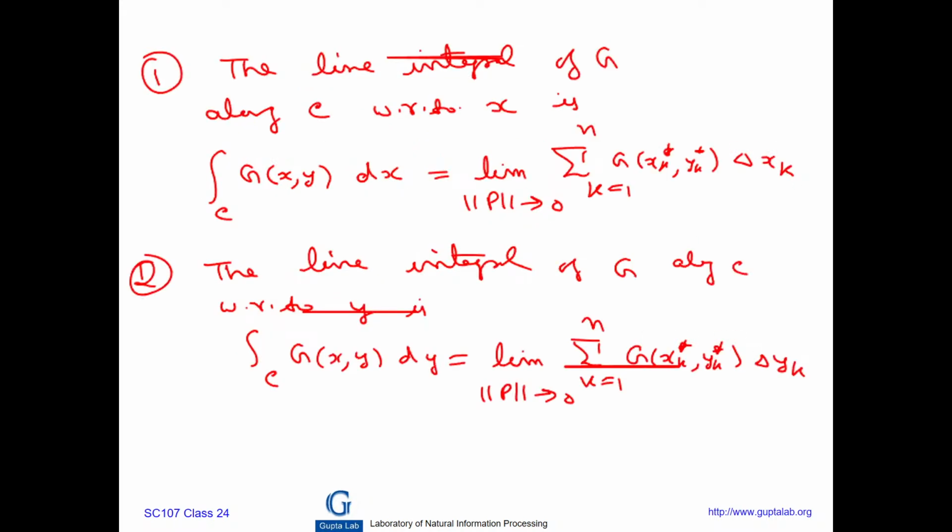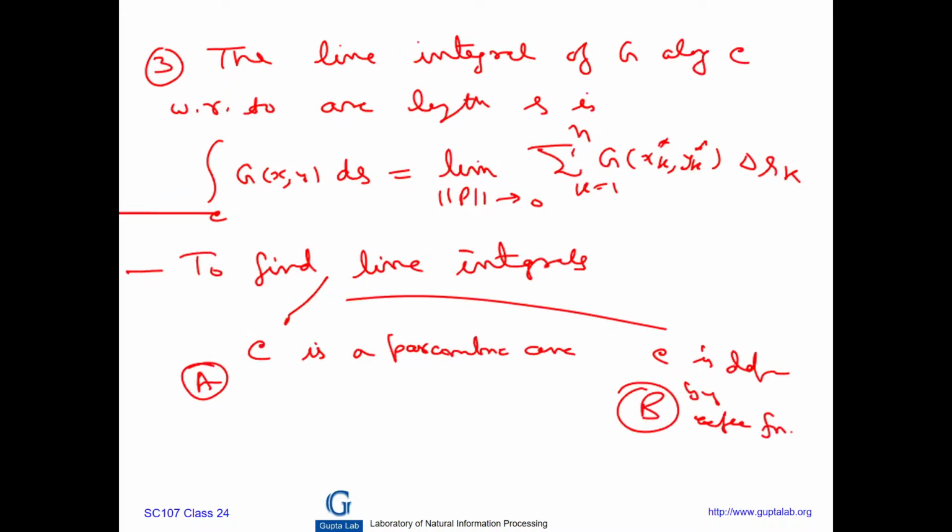The line integral of a two variable function g of x y along C with respect to x is given like this, and similarly with respect to y, and with respect to arc length. We define three kinds of line integrals.